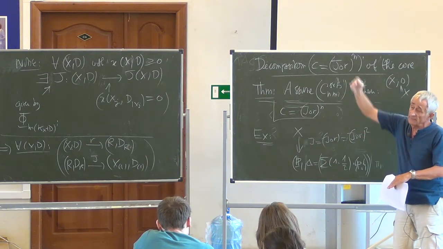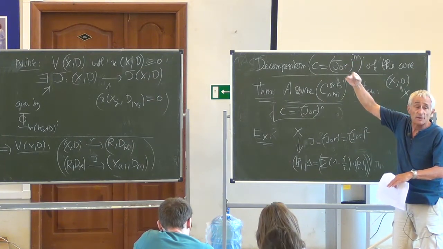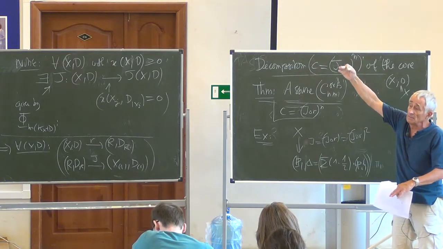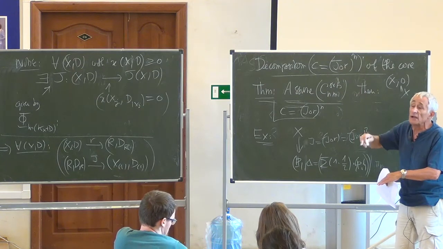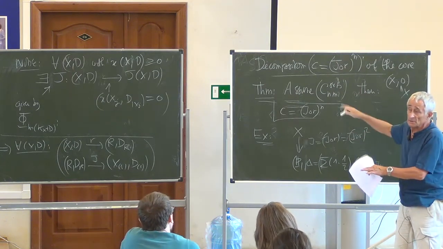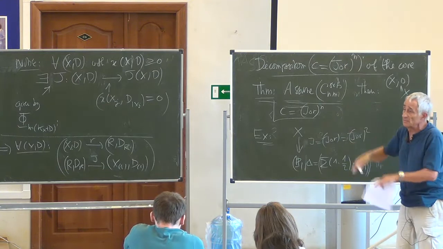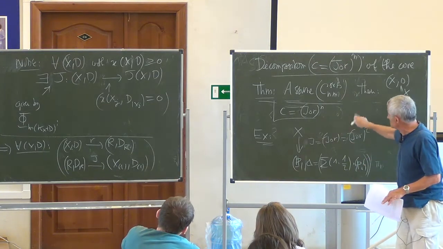And the higher the dimension, the longer the tower can be. So the tower can be of length 2 times n at most. But there are examples for any possible length and dimension and so on. So you have this.